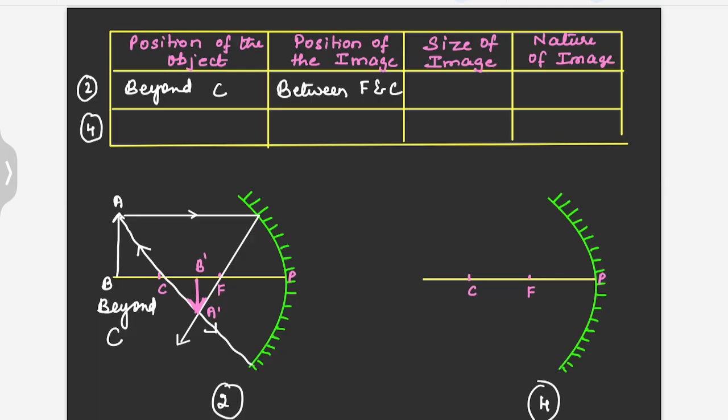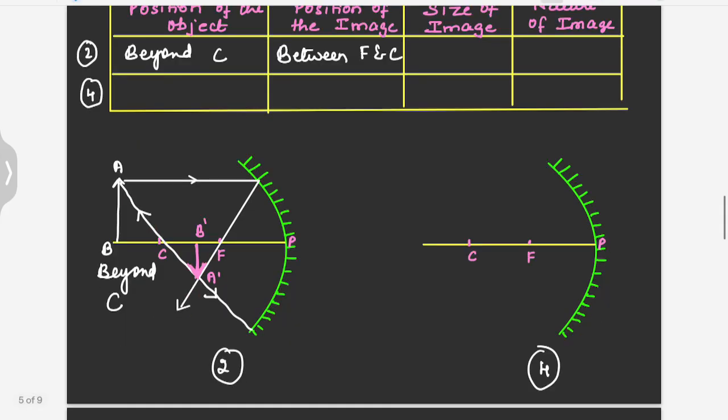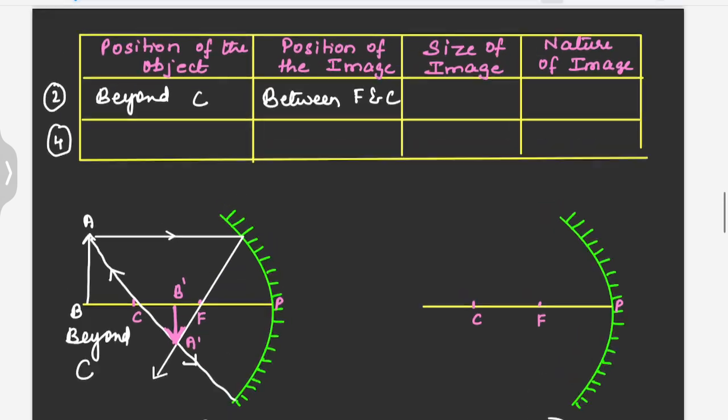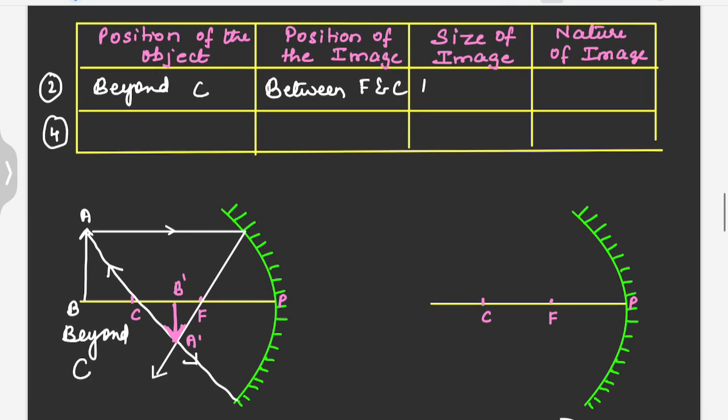Diminished means, see this is bigger, whereas here this is small. So when you compare to the size of the object, the size of the image is small. Therefore we write it as diminished. And what is the nature of the image? Nature of the image is real and inverted. R and I, real and inverted.